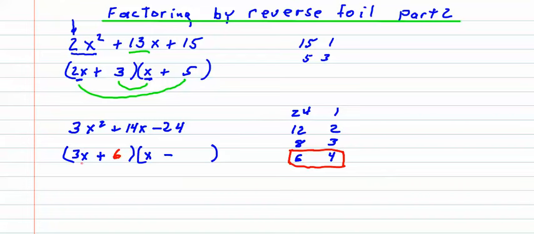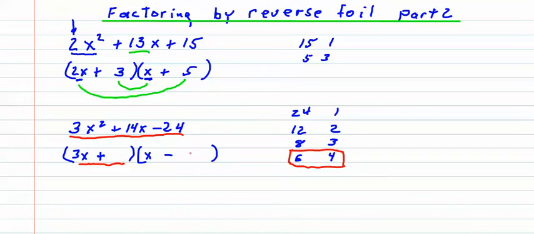If I do that, 3 and 6 have a common factor. There will not be a common factor down here if there is not one up here. And I don't have a common factor of 3 in the 14. So the 6 cannot go there. I don't even have to try it out.